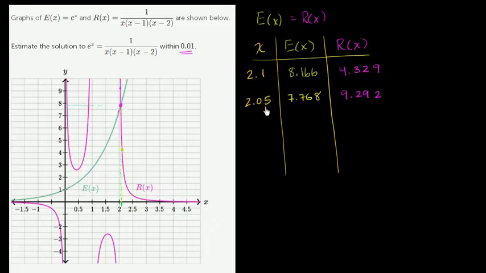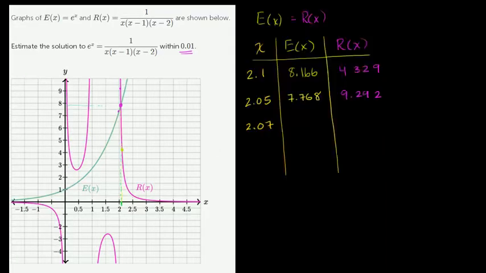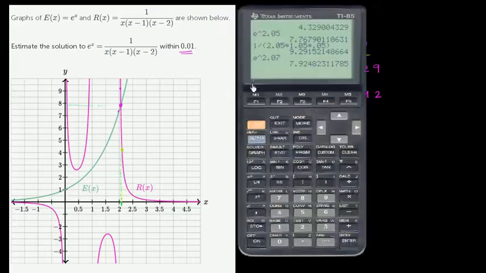So let's see if we can go a little bit higher, roughly halfway between these two. But I don't want to get too precise because we have to get to the nearest hundredth. So let's go to 2.07. e to the 2.07 is equal to 7.925 if I round it. Now let's evaluate r of x at that same value.